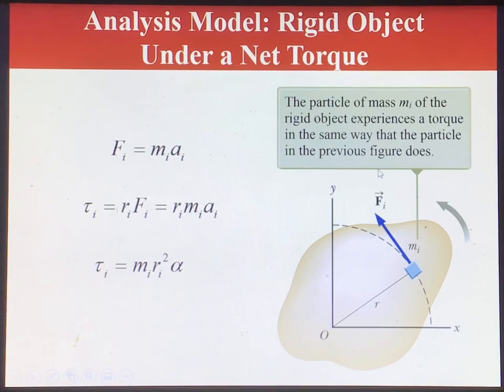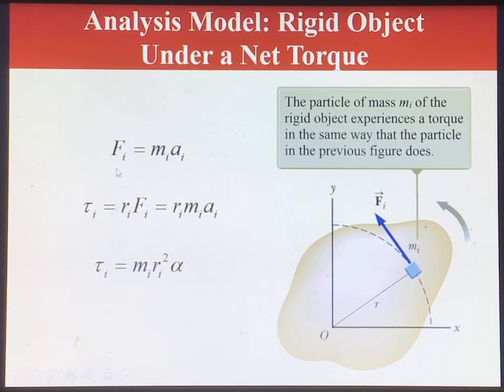Now, if you consider an object that is moving in a circle, this is called a rigid object. What we can do is take this object and chop it into smaller masses called m_i, and I can write down Newton's laws for each of these ith masses.